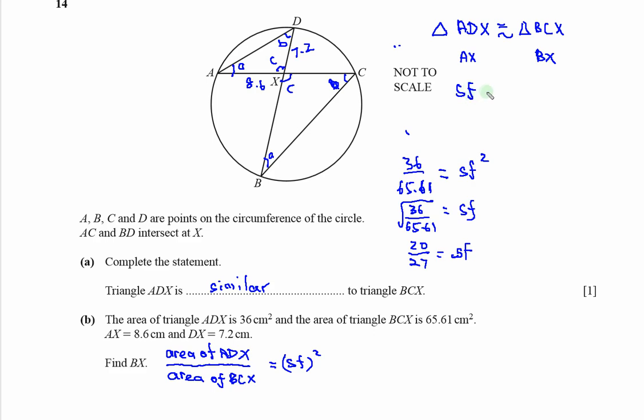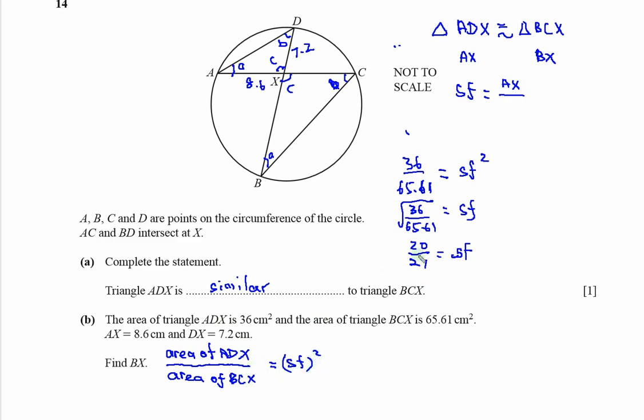Scale factor, remember the definition we have is the ADX over the BCX. Okay, so the scale factor, ADX, we are looking for AX over BCX. So that's how we define the area and the scale factor squared.